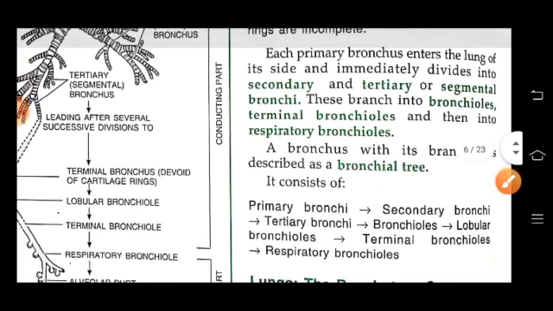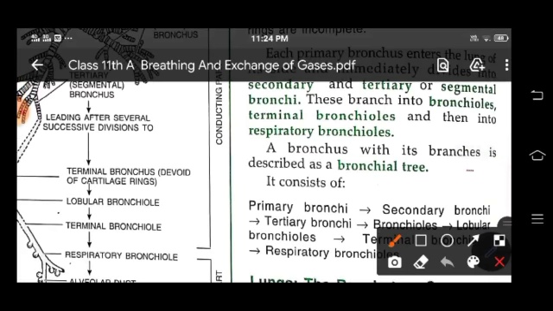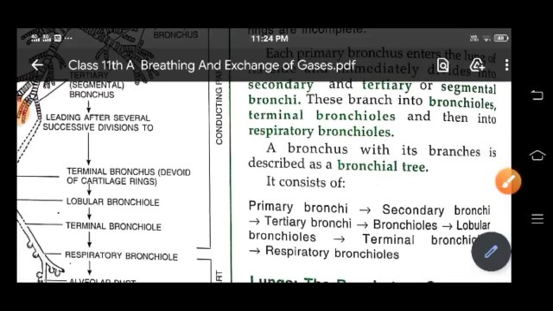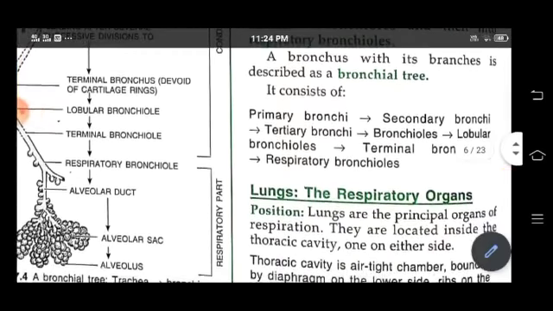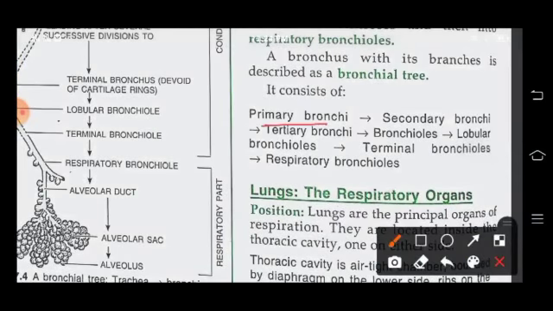Now the bronchus with its branches is described as a bronchial tree. It consists of primary bronchi, secondary bronchi, tertiary bronchi, bronchioles, lobular bronchioles, after that terminal bronchioles, and respiratory bronchioles.